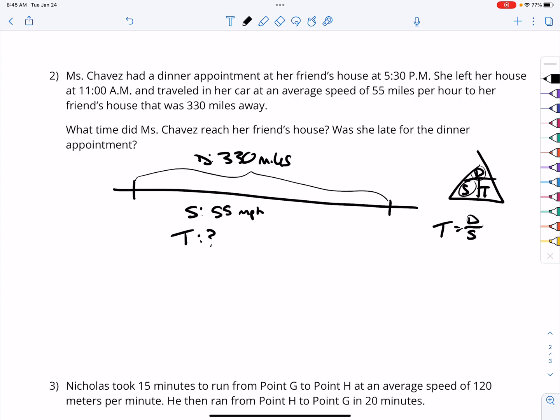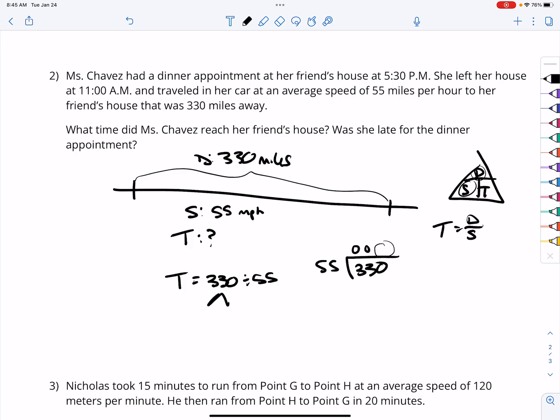So time equals 330 divided by 55. Now, if I were to set this up and do long division, I know 55 goes into 3 0 times, 33 0 times, and I'm just going to then have to count by 55s to see how many times it goes into 330. That is not super helpful, but I am instead going to do some branching, because that's going to be my best bet from here.